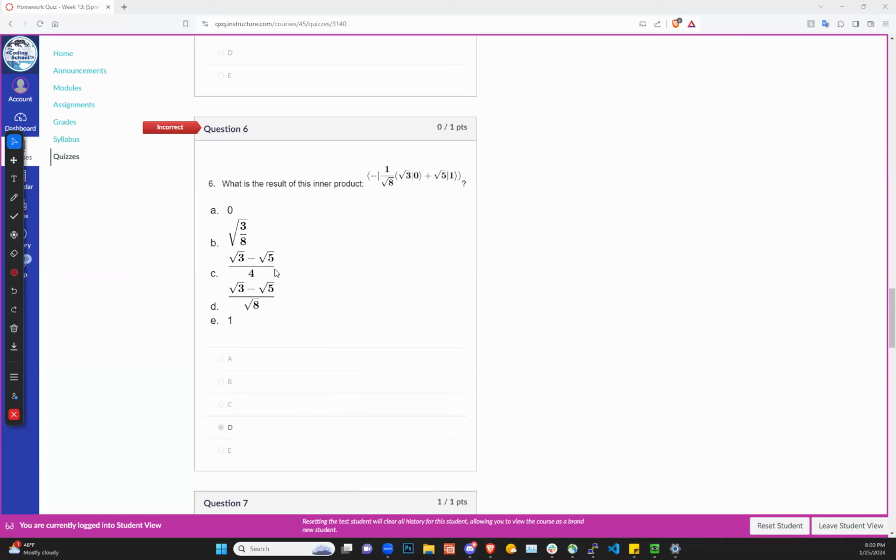We got C, square root of 3 minus square root of 5 over 4, but for some reason I clicked that the answer was D, and I probably said that the answer was D as well. So the correct answer is not D. It's C, which we totally had written down, but when I went to click the right answer, I clicked the wrong answer.